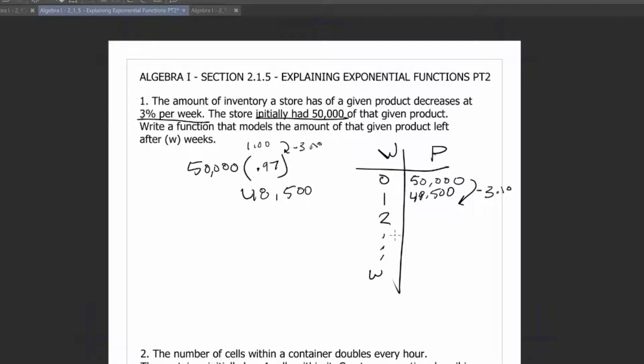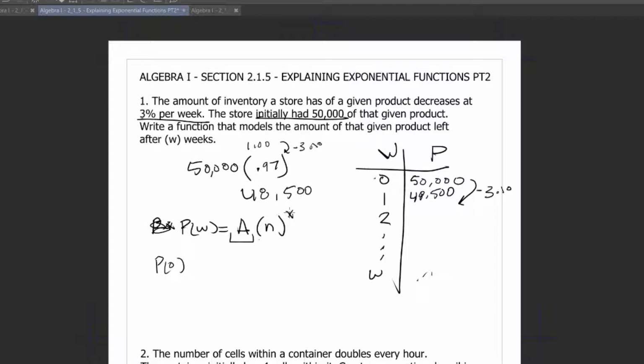And that's really all we need to solve this problem, and we can do W. So let's say P of W is going to be equal to A n to the W. Using the table here, whenever W equals 0, let me do P of 0.